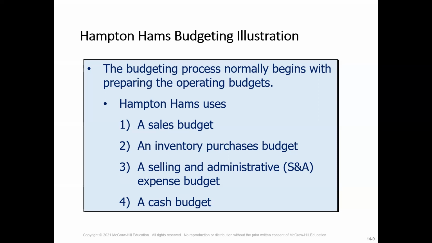Then thirdly, there's a selling and administrative budget, which sometimes is tied to sales, especially when you have items like commissions involved. And then finally, a cash budget. Each budget is going to be dependent upon an item in one or more of the other sub-budgets.